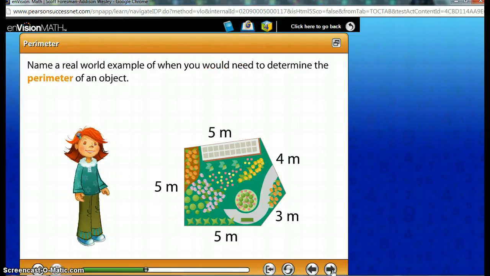Name a real-world example of when you would need to determine the perimeter of an object. Okay, let's talk about some real-world examples here. Ian? Okay, what about a house? Why would you need to know the perimeter? For what part of a house? Okay.